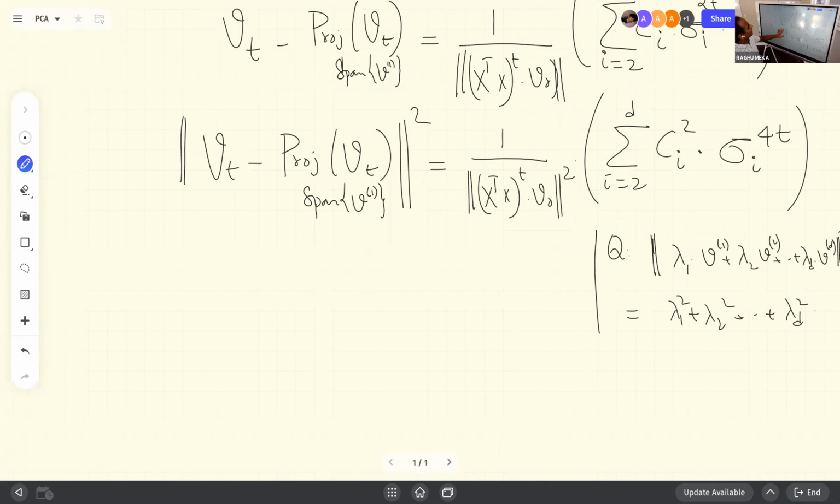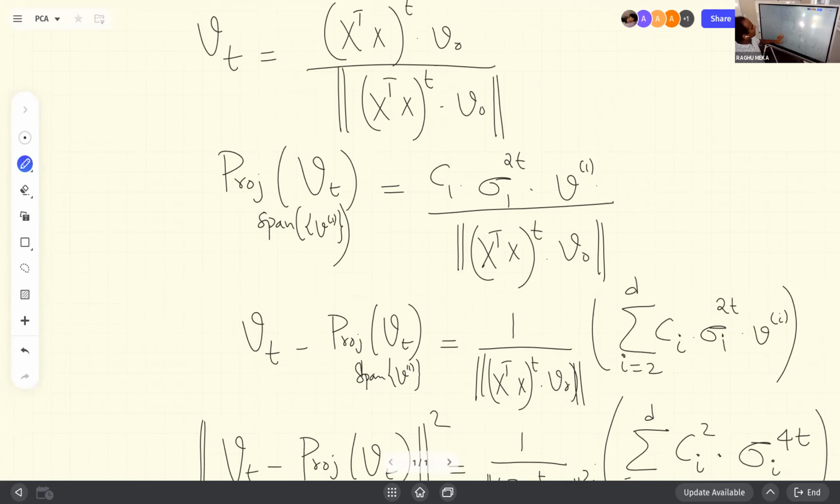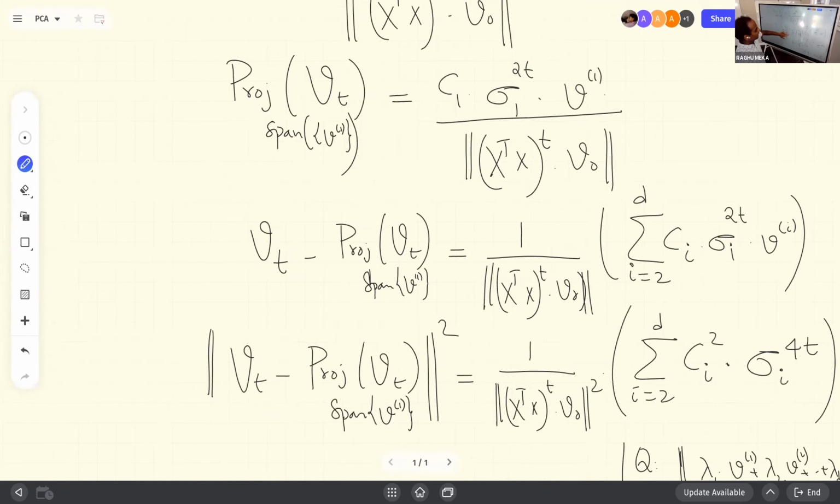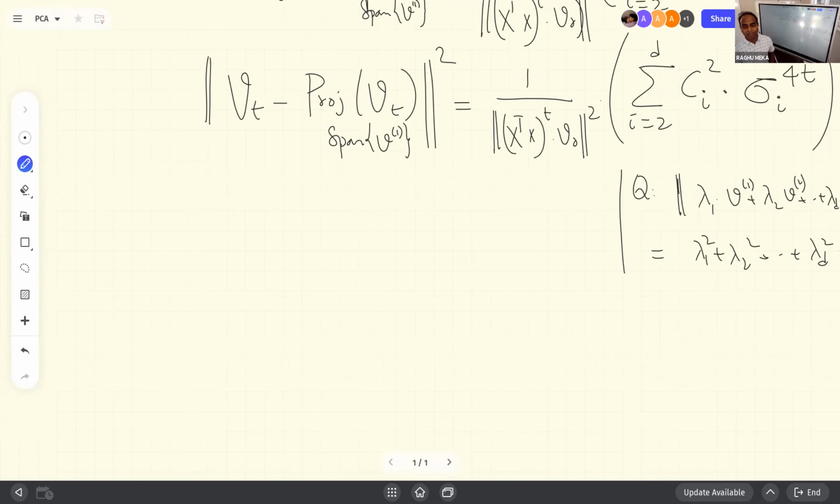And by the same logic, we can also write down an exact formula for the denominator. Right? So the numerator is the summation i equals 2 to d of c_i squared times sigma_i to the 4t.